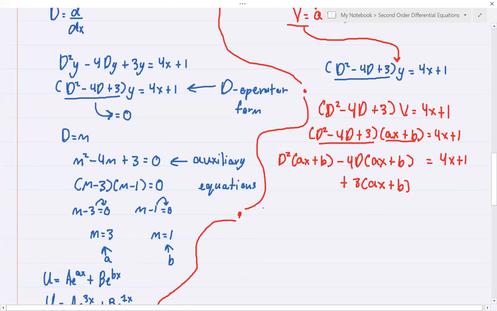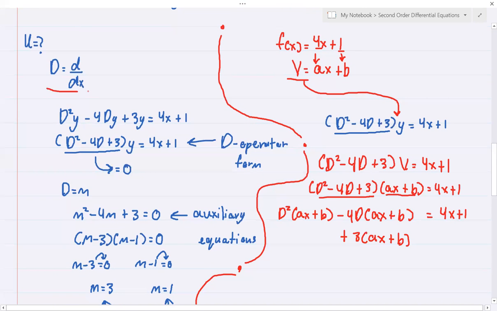Remember that your d is equal to d all over dx.